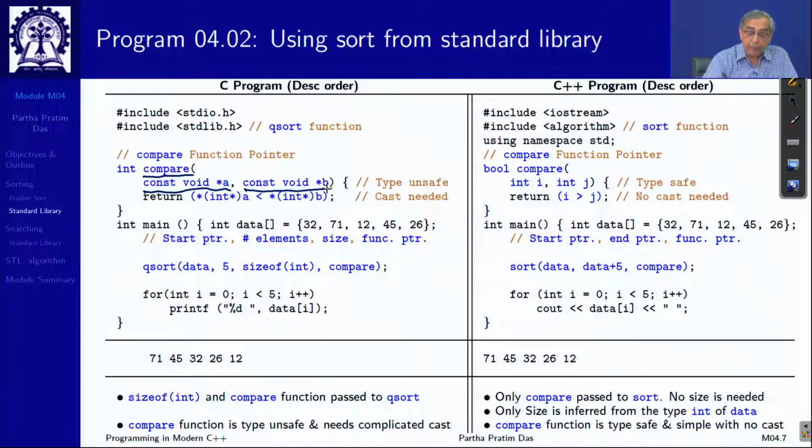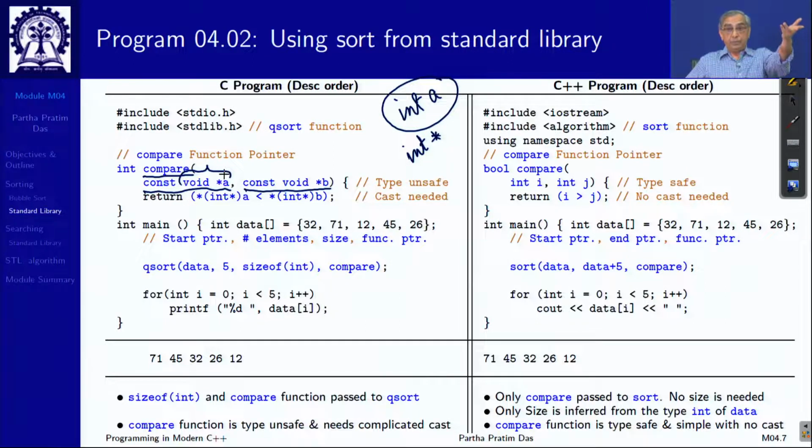But if A were int, then the pointer that you will need to pass is int star. If it is double, you need to pass a double star, you do not know that. So, what do you do? You pass void star, which says that this is a pointer to a type that I do not know.